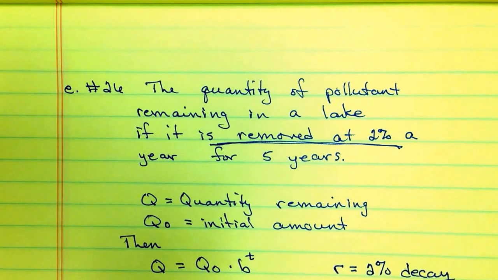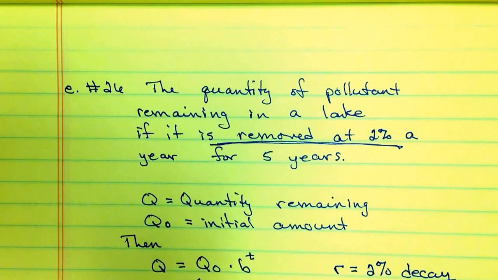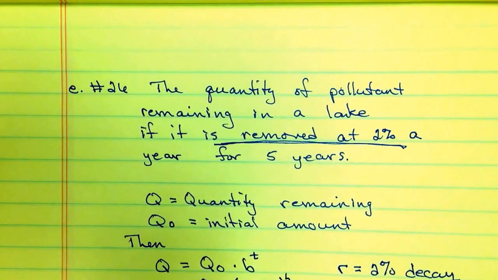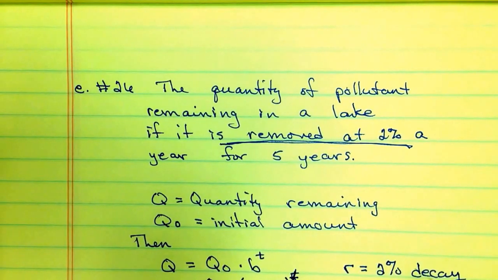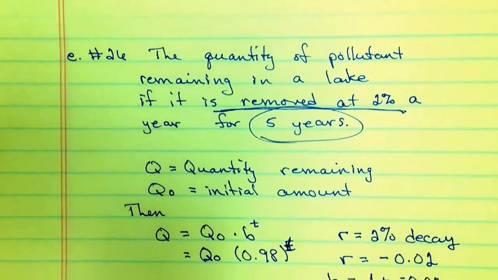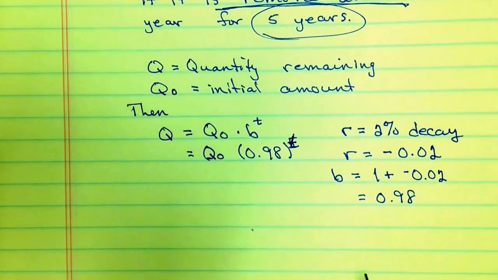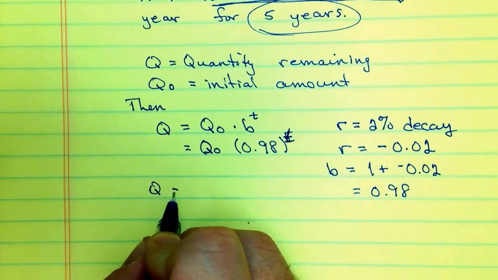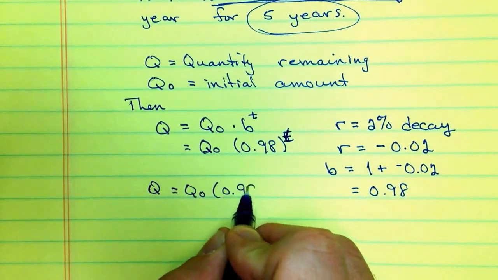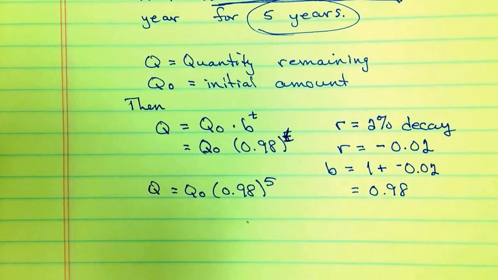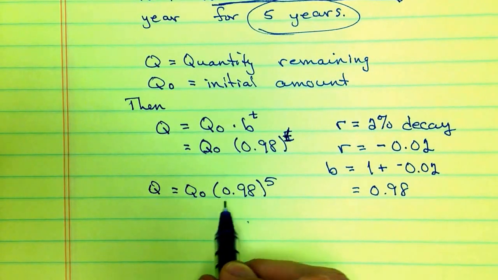So that means our B value is going to be 1 plus negative 0.02, which is 0.98. All right, so that means we get Q sub 0 times 0.98 to the T. But then we're told it's for 5 years, so what we do is we replace the T with 5. In case y'all missed some of that, Q equals Q sub 0, 0.98 to the 5th. So that's the quantity remaining after the 5th year.